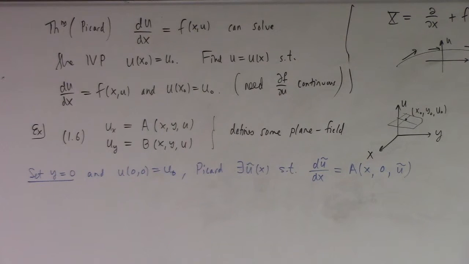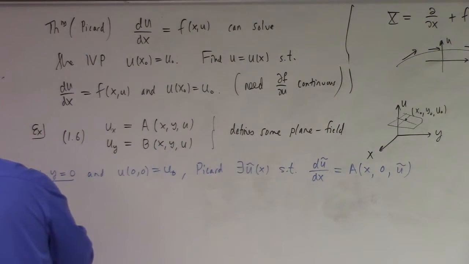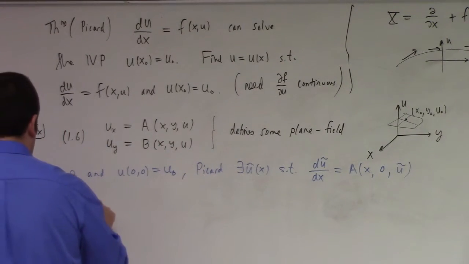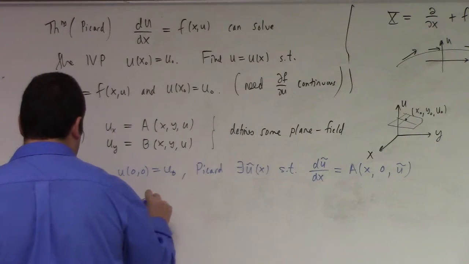Now I'm getting distracted. I have precious few minutes left. So this gives you a solution that does that, right? And then you hold x fixed again and use Picard to solve the other one.